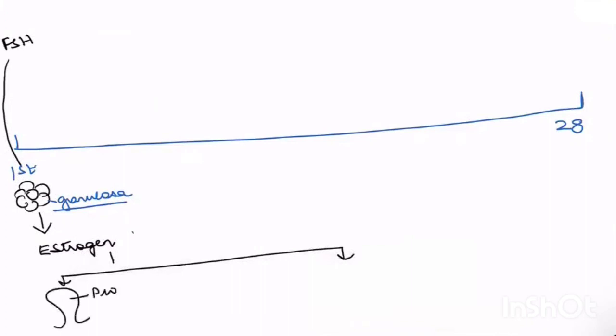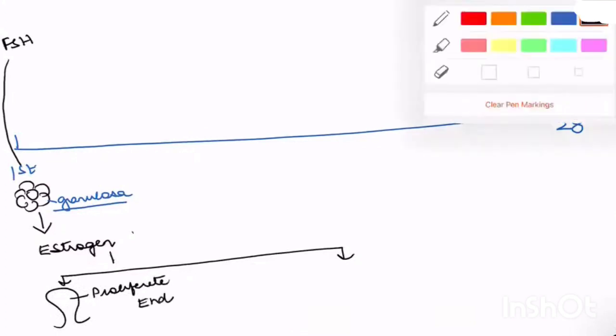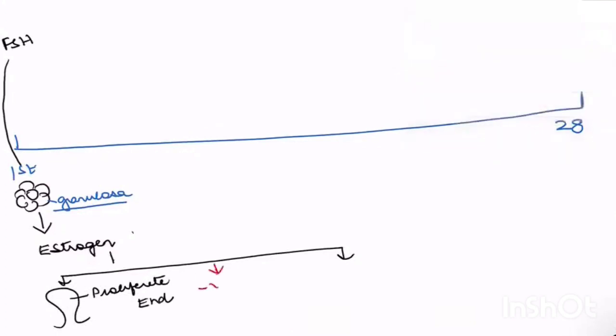It will proliferate the uterine endometrium. It will have a negative feedback on FSH. So ये FSH पे इसका negative feedback होगा, and it will have a positive feedback on LH.